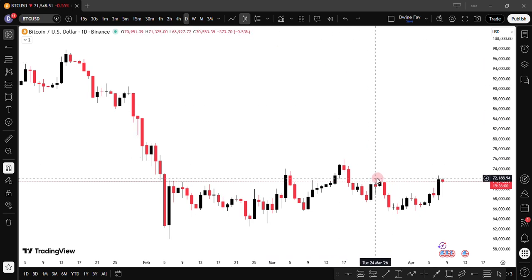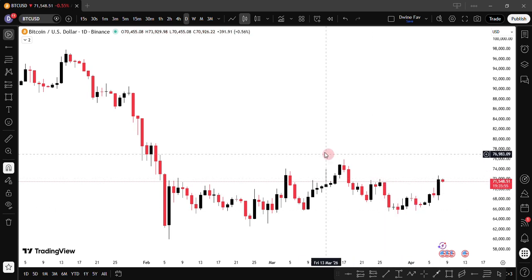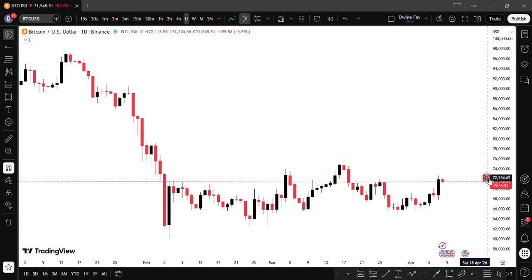Where the liquidity, this was the buy side liquidity, sell side liquidity, the buy side liquidity has been swept. So the next liquidity is up here.